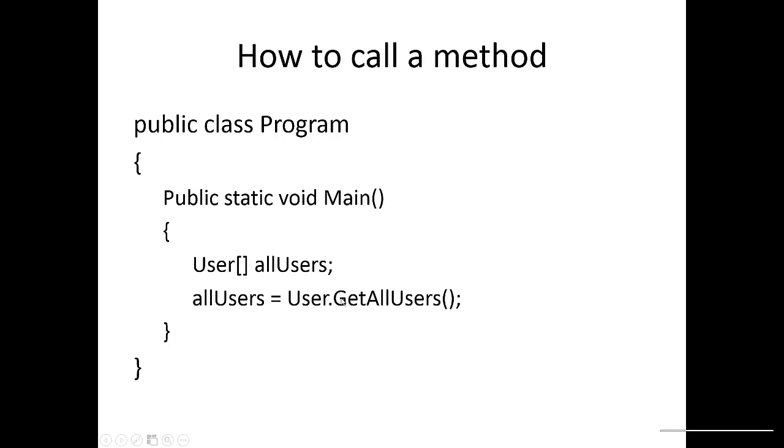What this will do is execute that static method without creating an instance and return us all the users out of our data source, be it a database or an XML document, whatever that may be. So that is really the fundamental difference between a static and an instance method.